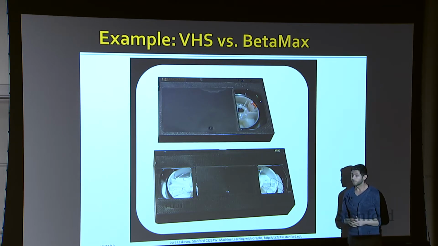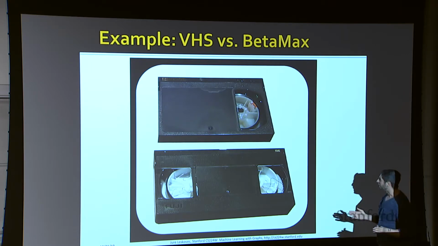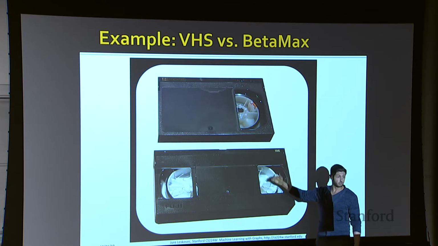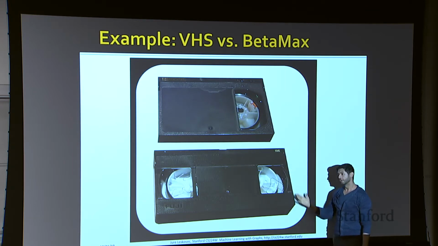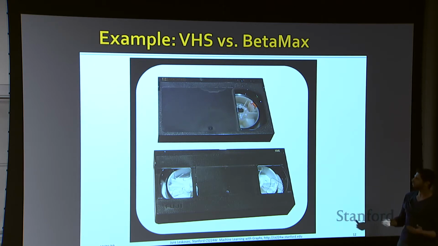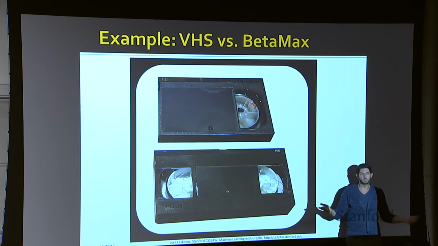They were pretty much offering the same kind of product. If you're curious, you can go online, and there are a lot of people claiming that Betamax was strictly superior in terms of tech compared to VHS. I'm not an expert on video, so I can't really judge. But definitely there were people supporting one side or the other for a few years, and VHS ended up winning just because more people adopted it.